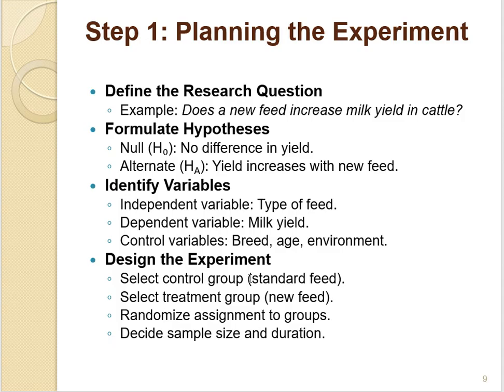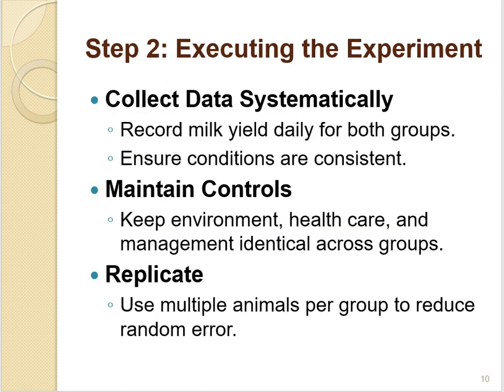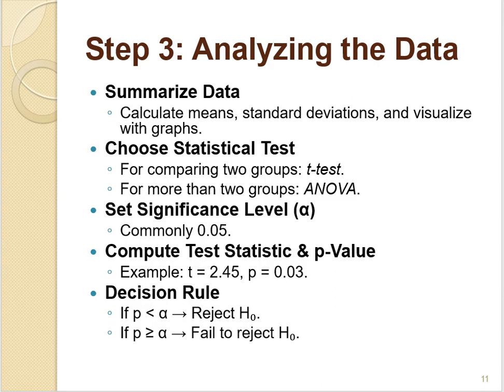We will select control group, we will select treatment group, randomization assignment, randomly assign treatments to groups, decide sample size and duration. And next is execution of the experiment. We need to collect data, we need to maintain controls, and we need to replicate, multiple animals per group to reduce random error.